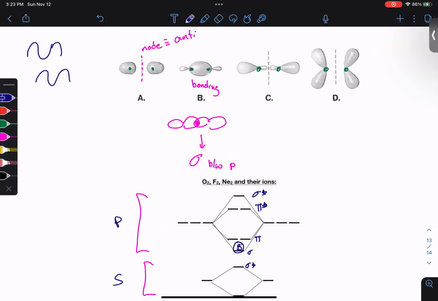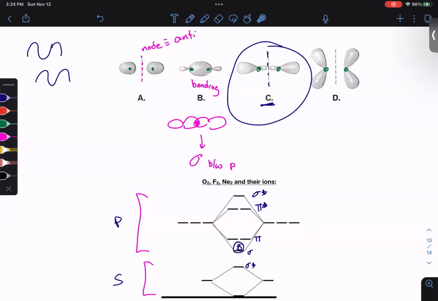Okay, what is this interaction? What is MO C? Is it bonding or anti-bonding? Anti, because we have that node that's present. Who are its atomic orbital parents? P orbitals. P orbitals are coming together to make this molecular orbital. So we're looking at these interactions on the top, not the s orbitals.